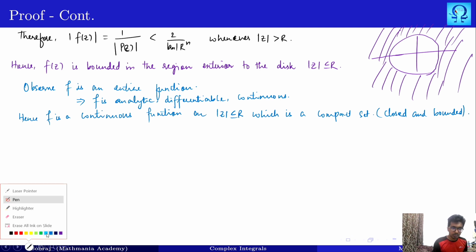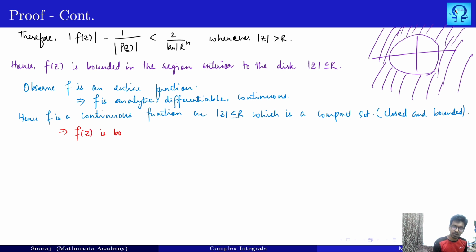When the closedness and boundedness is there, this clearly will give us that f of z is bounded in absolute of z smaller than or equals r. So the image set is also bounded.